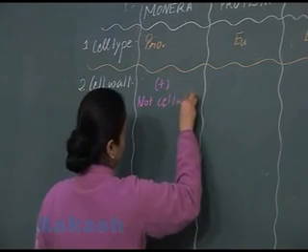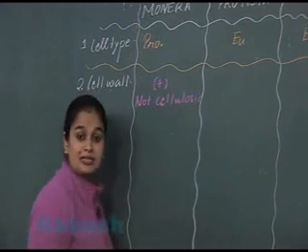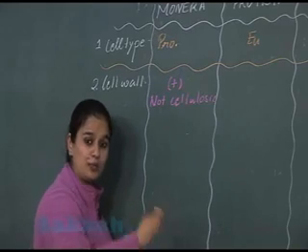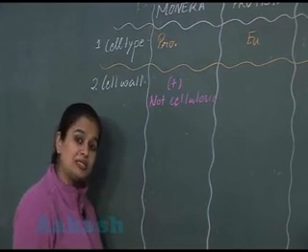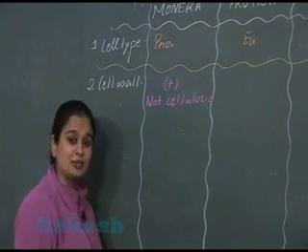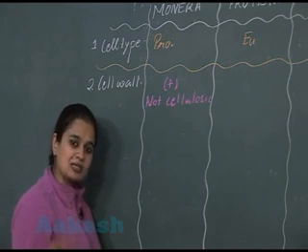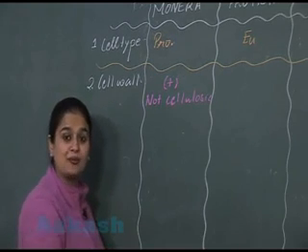The cell wall is made up of other polysaccharides. Along with that, there is presence of amino acid, which we will discuss in detail in the forthcoming lectures.